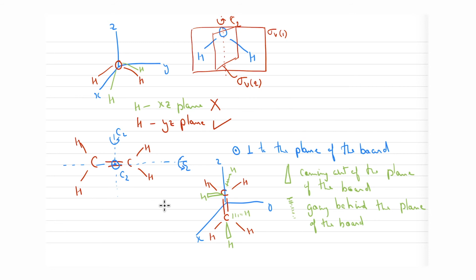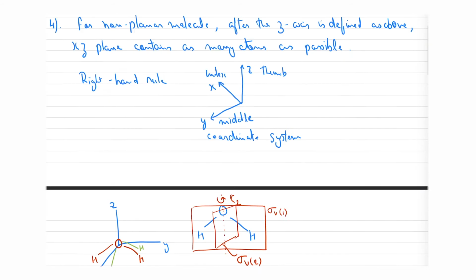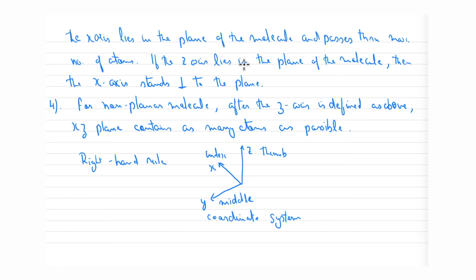Right? Okay. So now let's see whether the green one is the correct one or the red one. Green is now in the XZ plane, red is in the YZ plane. The principal axis is in the molecular plane. So here, if the z-axis lies in the plane of the molecule, then the x-axis stands perpendicular to the plane.